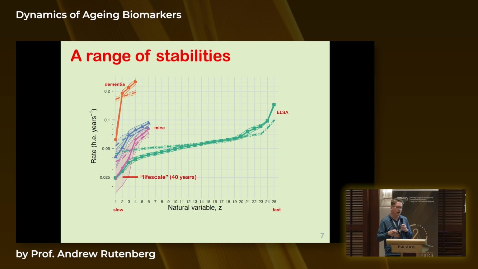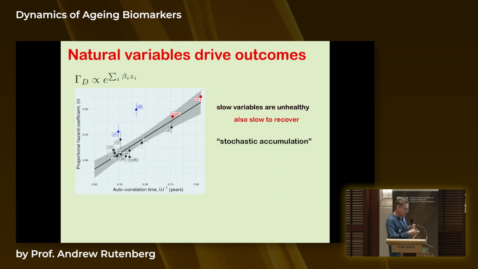Nothing unstable in our analysis. If you then, and this is from the kidney data, take these natural variables and do a proportional hazards model to capture how the particular variable contributes to the hazard of mortality through this beta coefficient, then plot those beta coefficients against something, for instance this time scale, the stability, we find that the slowest variables, the ones with the weakest stability, the largest lambda inverse, have the highest hazard coefficient.